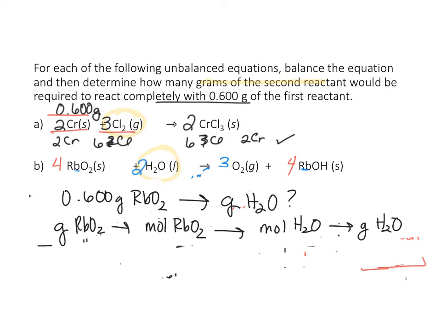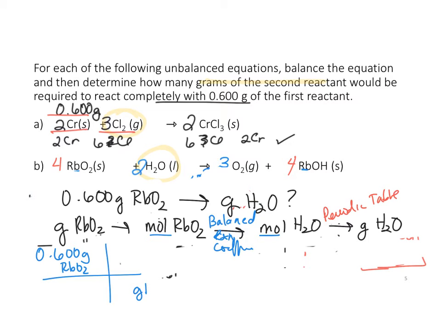And whenever we're doing moles to grams, we need to look at the periodic table for the molar mass. Whenever we're going from mole to mole, we look at the balanced equation for the coefficients. All right, so then we just start. We start with 0.600 grams RbO2.